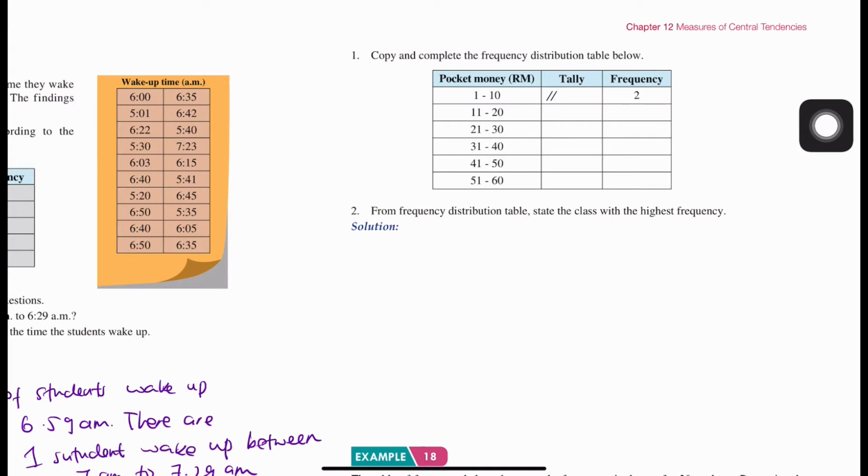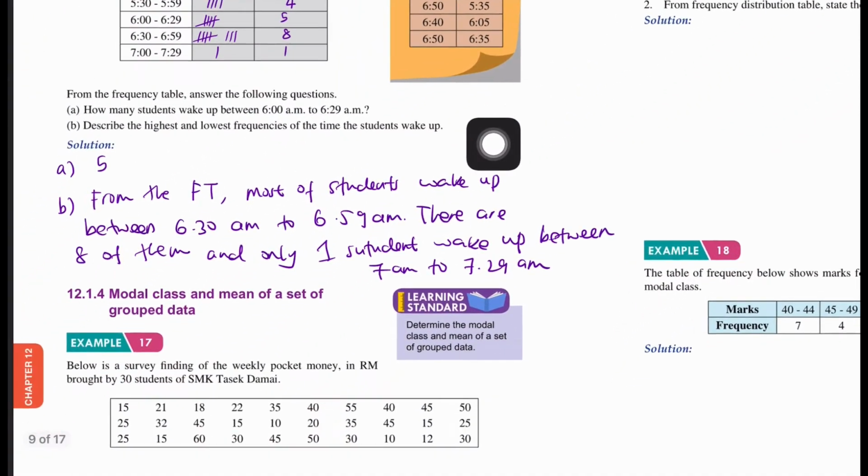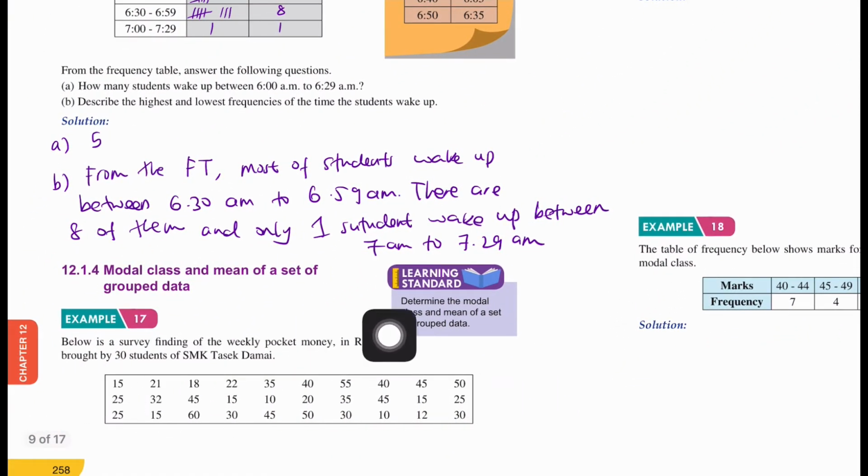So yang pertama sekali, you need to search how many frequencies of data from 11 until 20. Berapa kali ada 11 sampai 20. Kena cari sinilah. Contoh yang pertama, 11 sampai 20. Kita cari: 1, 2, 3, 4, 5, 6.